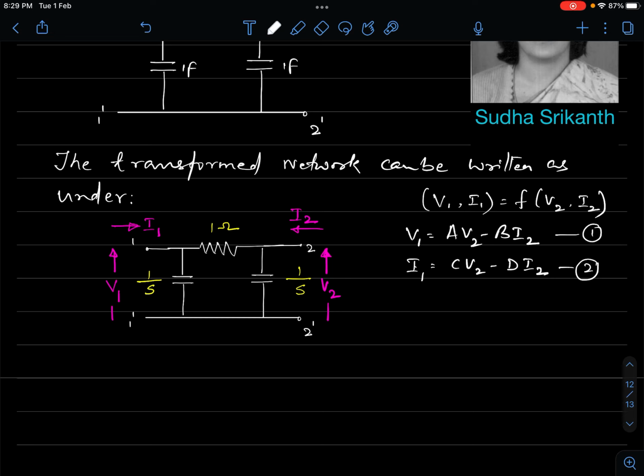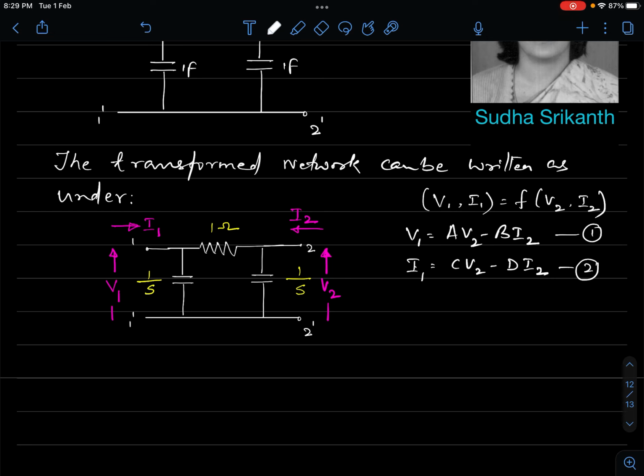So making I2 0 will give us the values of A and C. Similarly, if we make V2 0, that is you short circuit port 2, you will be able to determine B and D parameters.